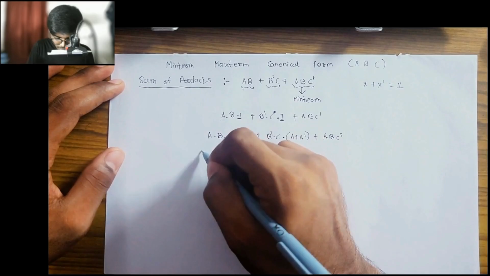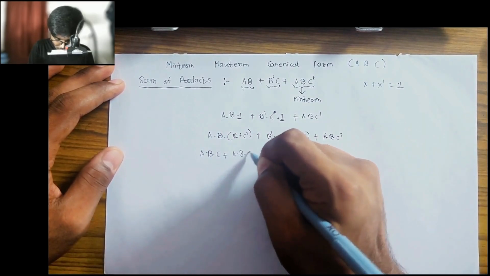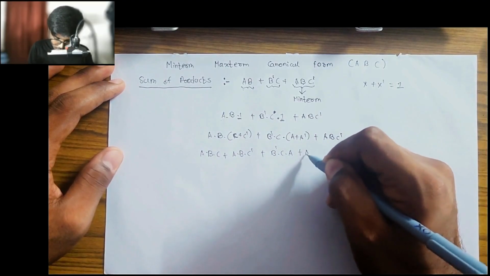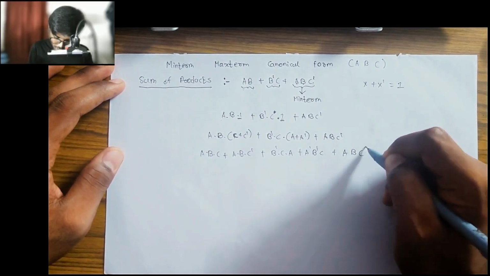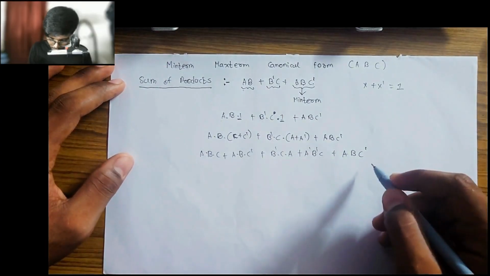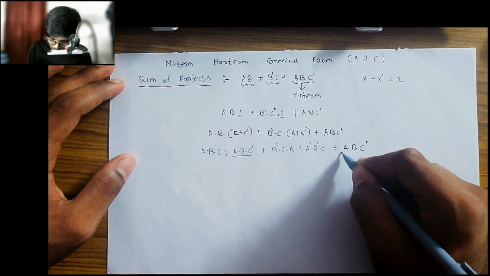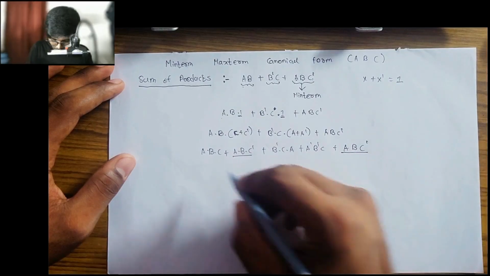Now we'll use the distributive property: A·B·C + A·B·C̅ + B̅·C·A + A̅·B̅·C + ABC̅. Now if there are any repeating terms, just eliminate them. As we can see here, ABC̅ and ABC̅ are repeating, so we can just merge them.